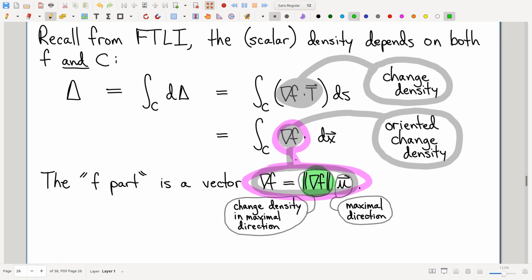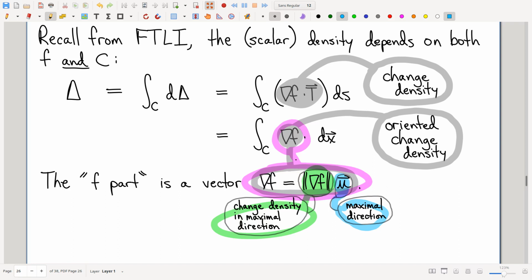The magnitude tells you how steep it is, and the direction tells you, okay, well, uphill goes in various different directions, but nevertheless there is a single direction that is the real uphill, right? The direction where the altitude is increasing the fastest.